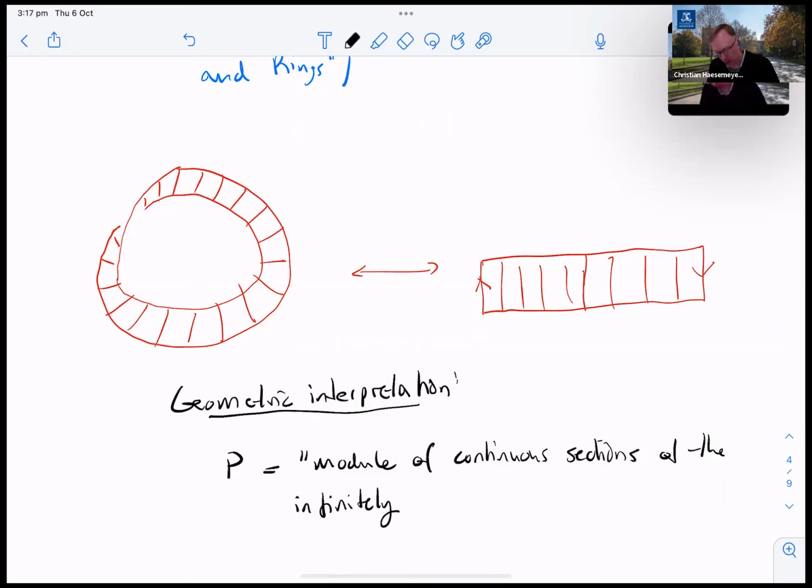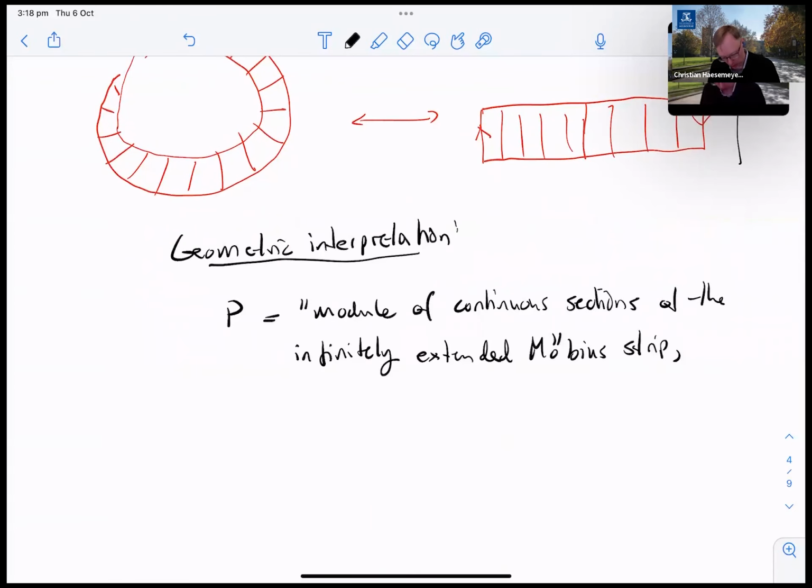So usually when we have the Möbius strip, we take the interval 0, 1, and then we glue it together, but just extend it infinitely in both directions. Well, there's another word for this if you know topology: the infinitely extended Möbius strip is a line bundle over the circle, and this is the unique non-trivial line bundle.